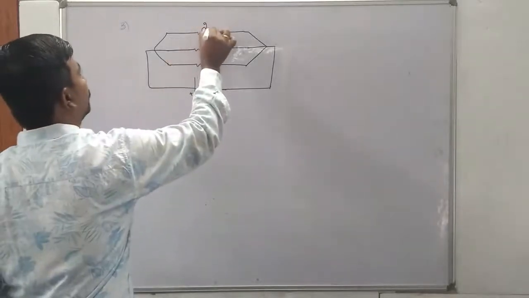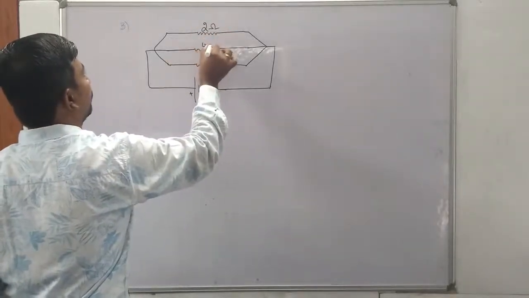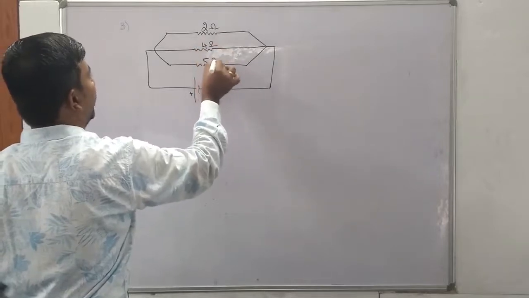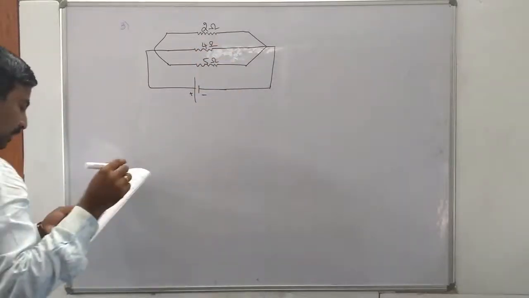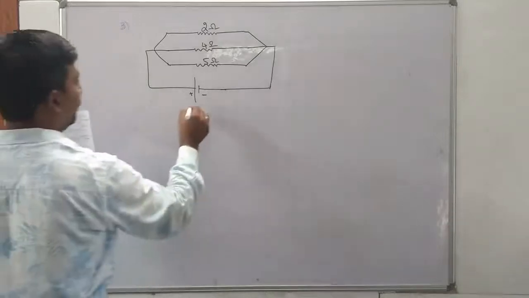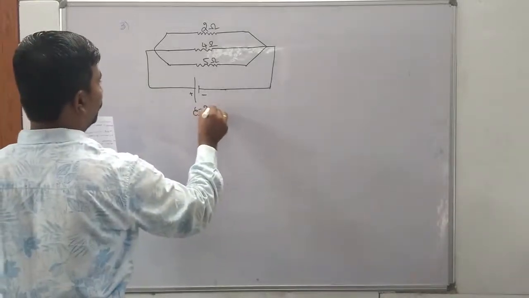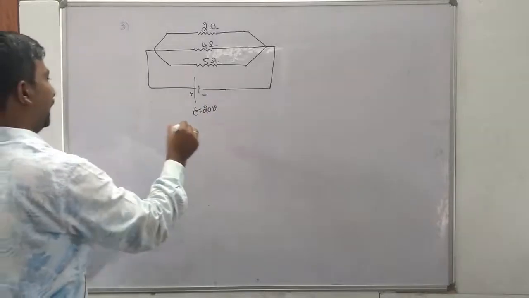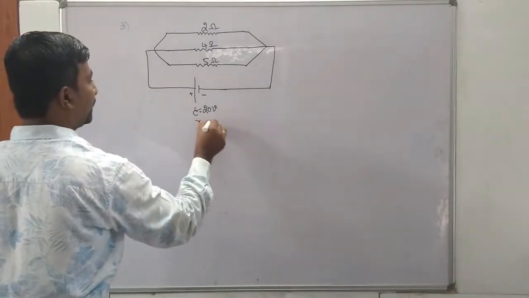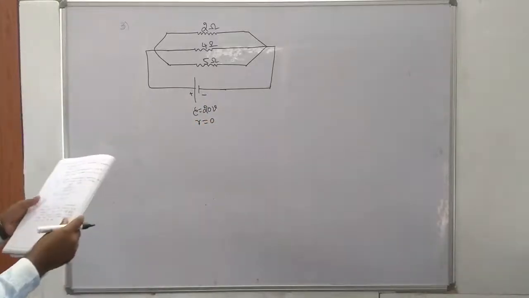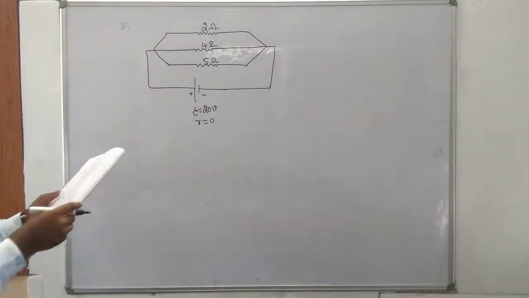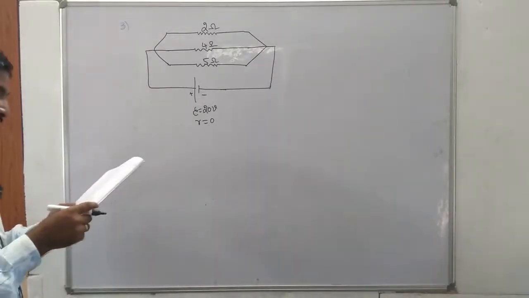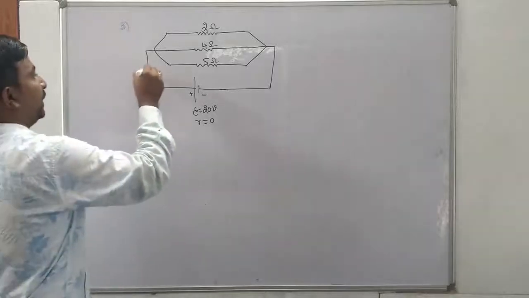So 2 ohm, 4 ohm and 5 ohm. So if the combination of EMF E is equal to 20 volt and negligible internal resistance r is equal to 0. So determine the current through each resistor and total current drawn from the circuit.